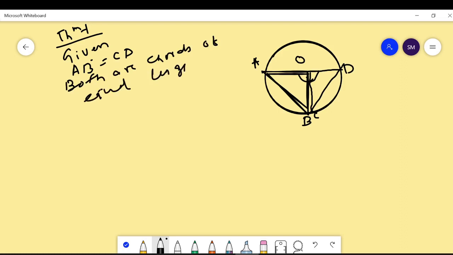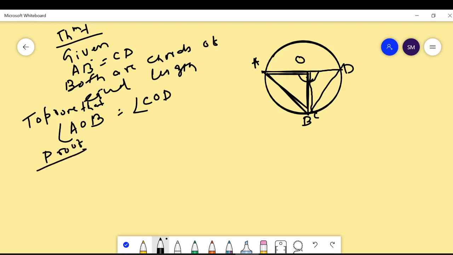The chord AB subtends the angle AOB. We have to prove that the subtended angles have the same measure, that is, the measure of AOB is equal to the measure of COD.